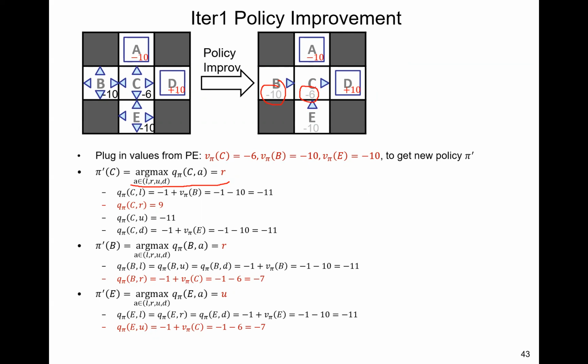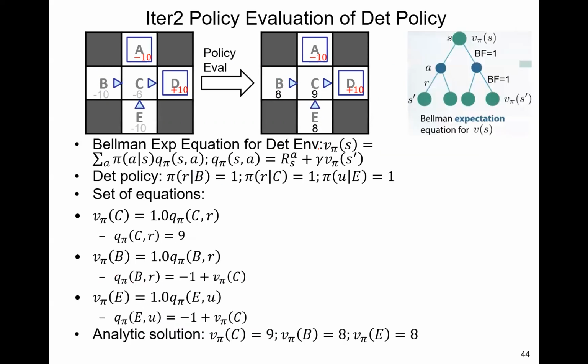This is only for the old random policy. So you need to update these value function estimates to the new estimates by writing out the equations and solving for the value functions. You have the 3 new estimates now.